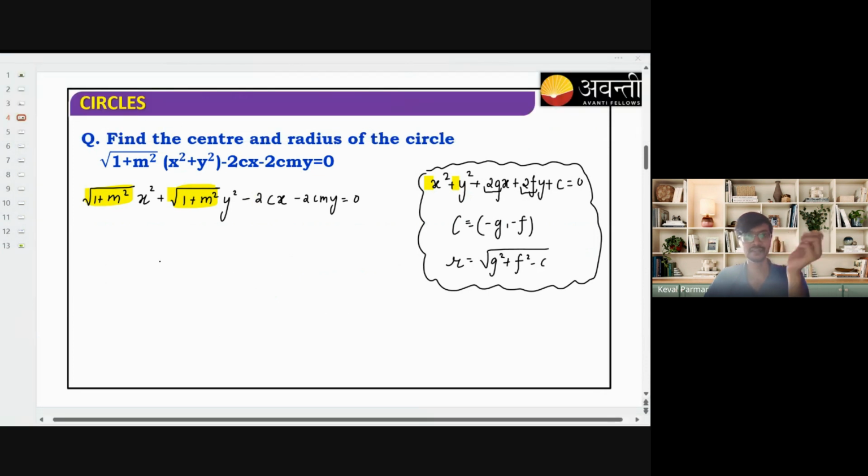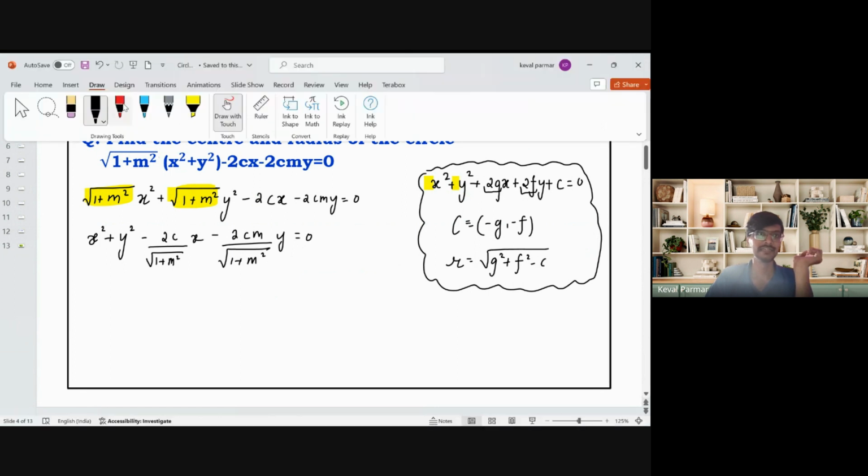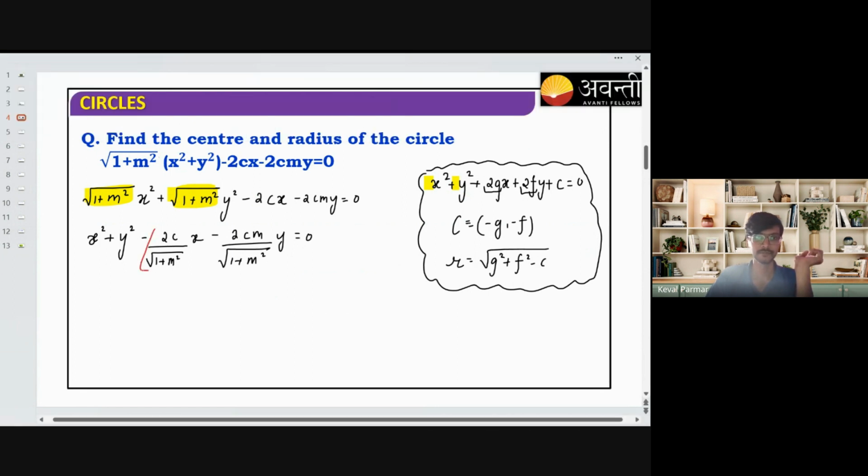If we divide by root of 1 plus m square throughout, I'll get x square plus y square minus 2c upon root of 1 plus m square times x minus 2cm upon root of 1 plus m square times y equals 0. Now let's take this and divide by 2 and change the sign, right? This and this.